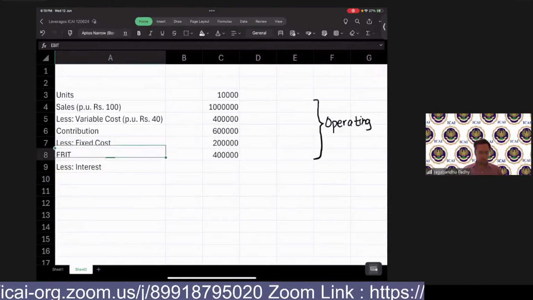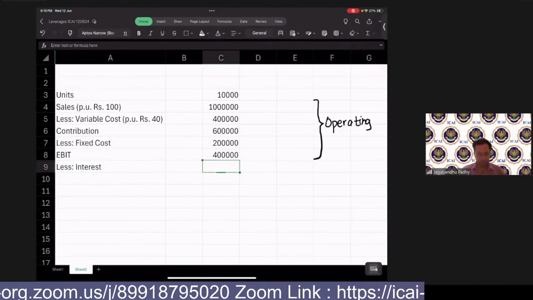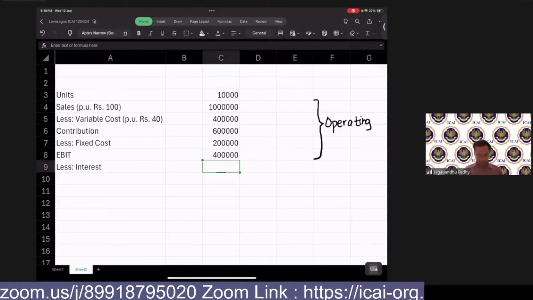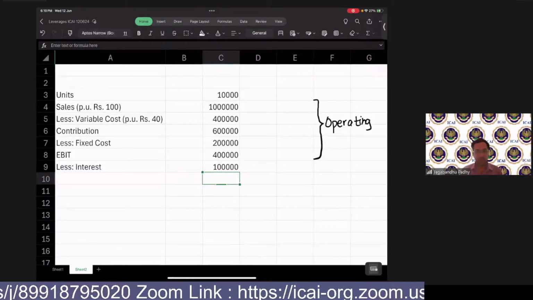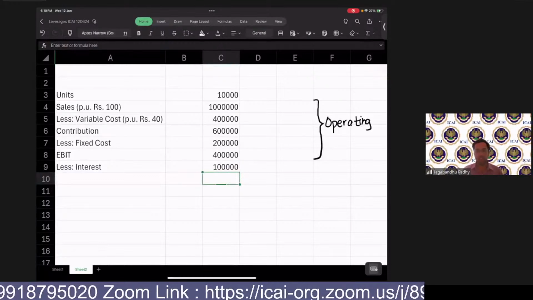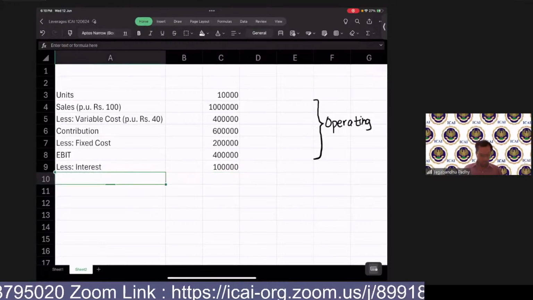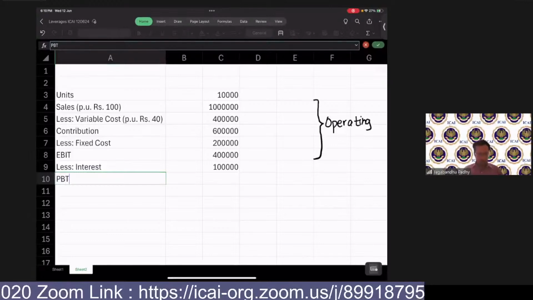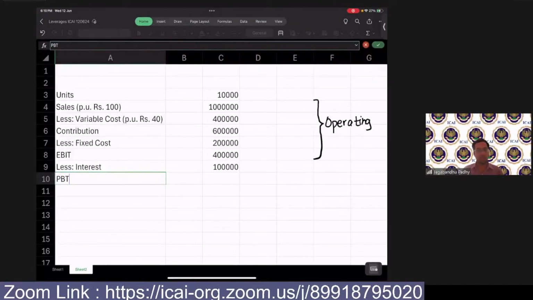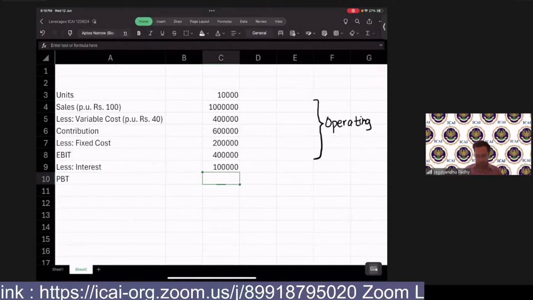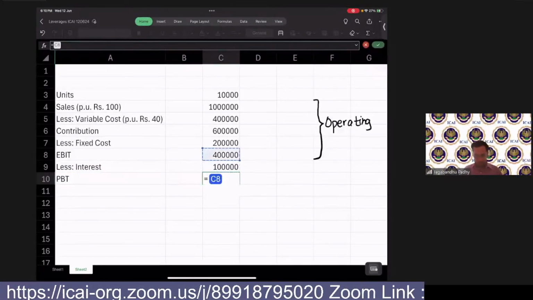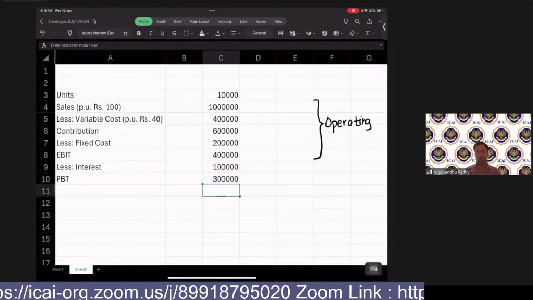So we'll reduce the interest from the EBIT figure. So let's say interest amount is another 1 lakh. We get profit before tax from EBIT. Once we have paid the interest component, what we have is profit before tax.